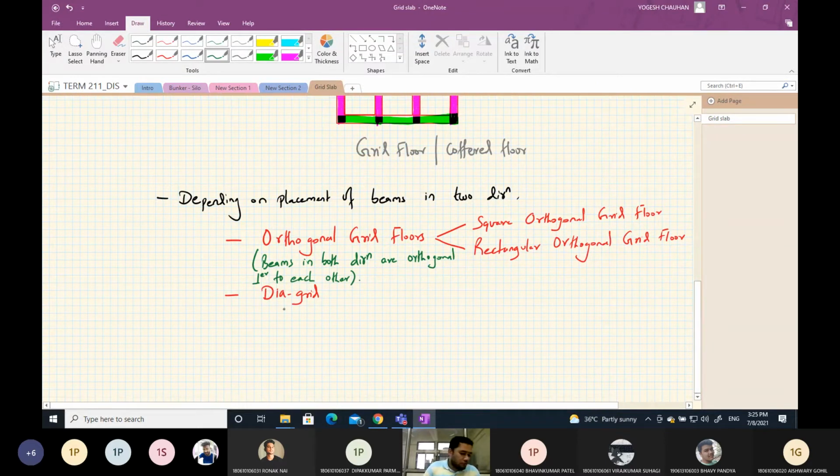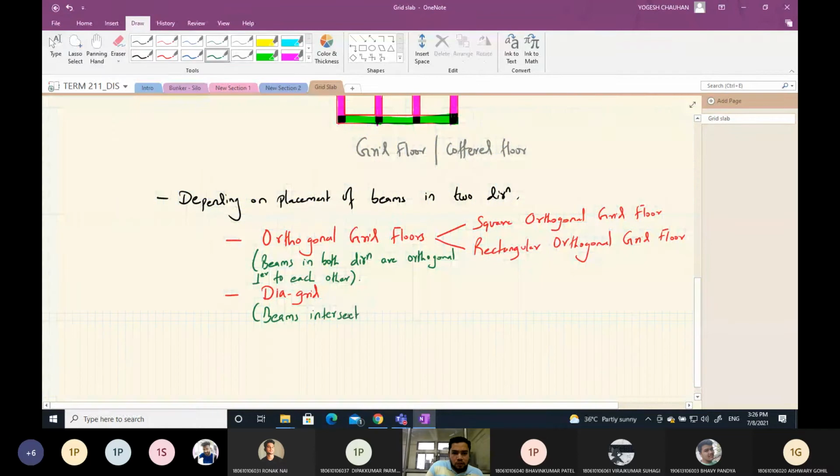Whereas in case of diagrids, the beams intersect diagonally.